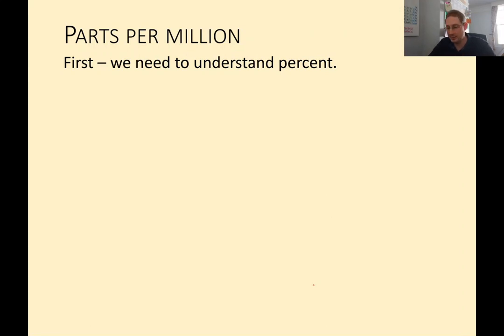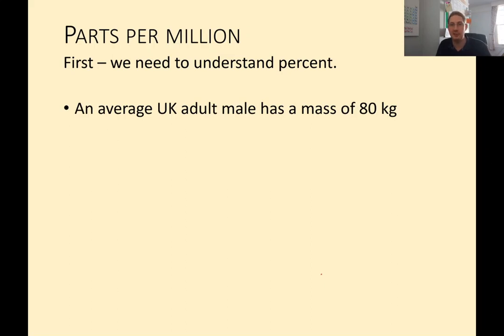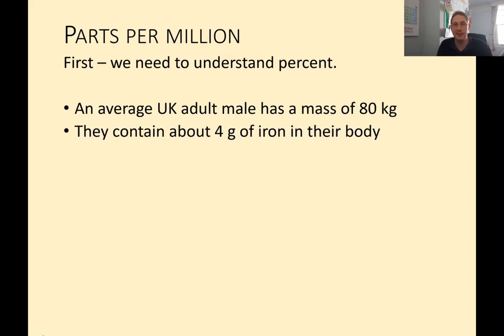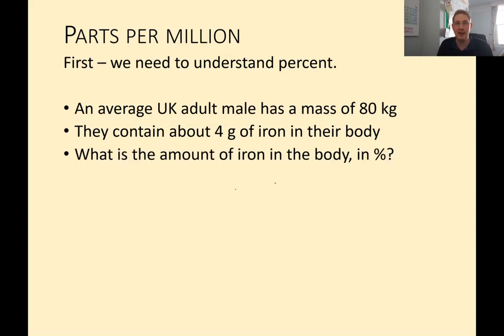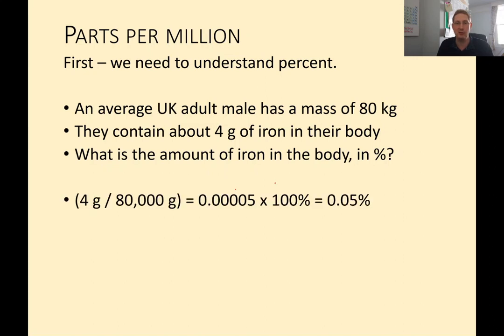Right, another thing that people struggle with: parts per million calculations. And if you understand percent, you understand parts per million. So, an average UK adult male has a mass of 80 kilograms. They have about 4 grams of iron in their body. What is this as a percent? Well, okay, 4 grams over 80,000 grams gives us the fraction of the body, that is 0.00005.